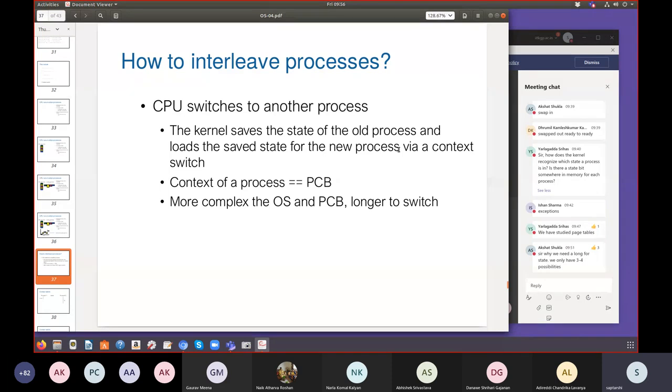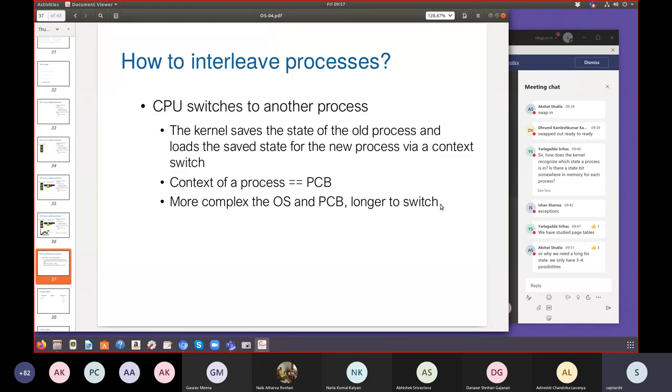And what do you mean by saving the context of a process? Now we know that PCB is the context, which says what the different values of the registers are, what the state of this process is, and so on. So this PCB has to be saved. And you understand that the more complex the operating system and the PCB, the longer it takes to switch.